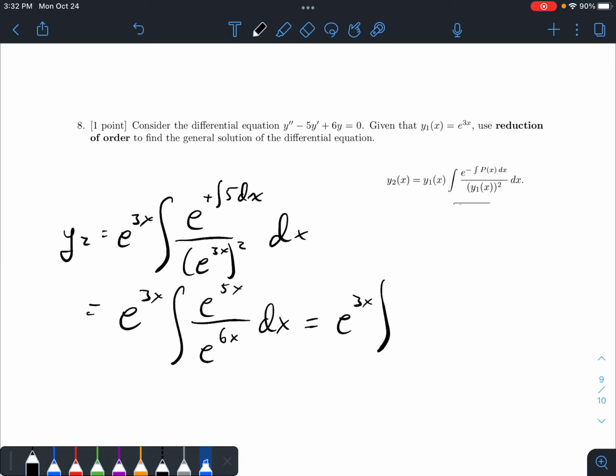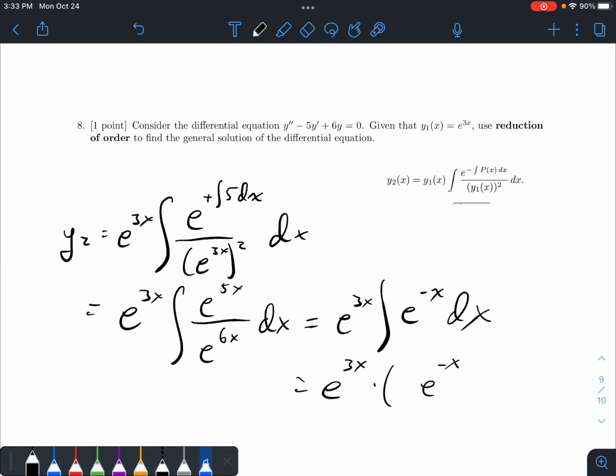This is equal to e to the 3x times the integral of e to the 5x minus 6x. So this simplifies using exponent rules: the 5x things would cancel with the 5x things down here, and you'd be left with 1 over e to the x, which is e to the negative x. All right, and then we just integrate e to the negative x.